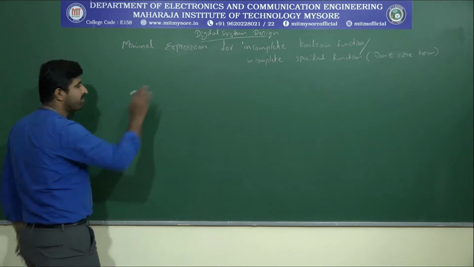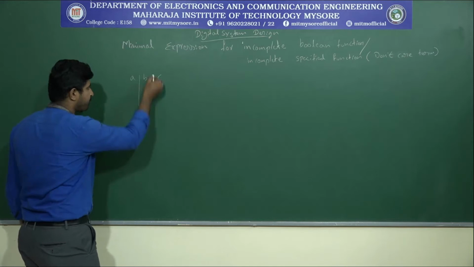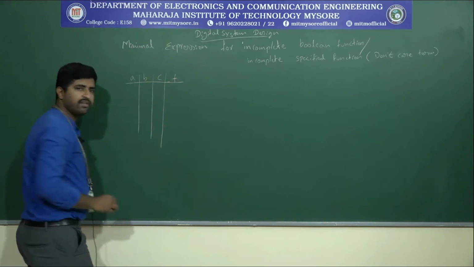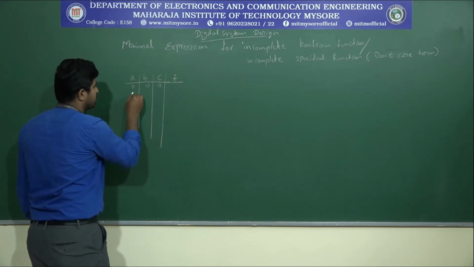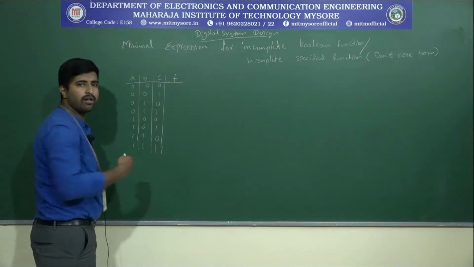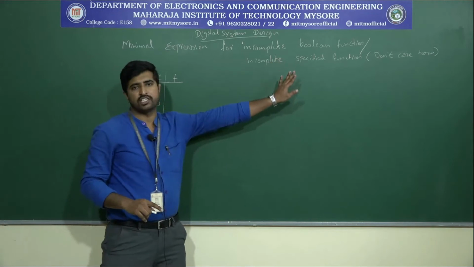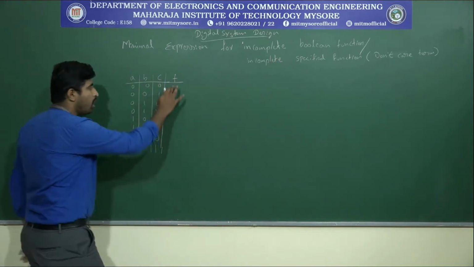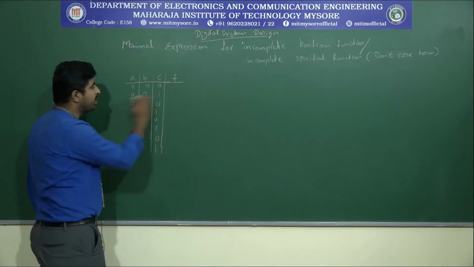If you take a 3 variable function, assume we have a, b, c, and the function output is given. For all the combinations, if the output is specified for all the conditions, then it is called a complete Boolean function. So a complete Boolean function means the output is specified for all the input combinations.